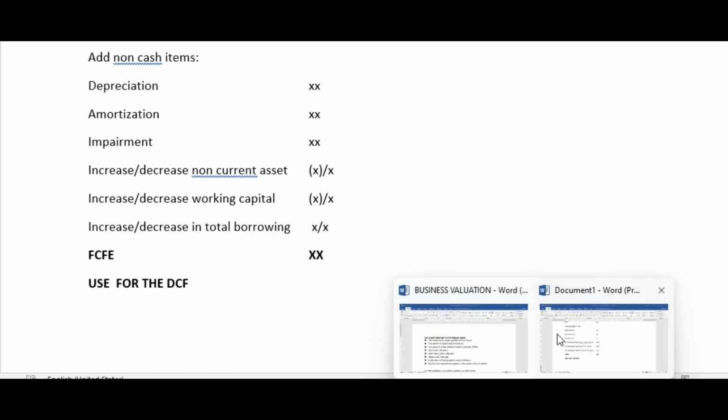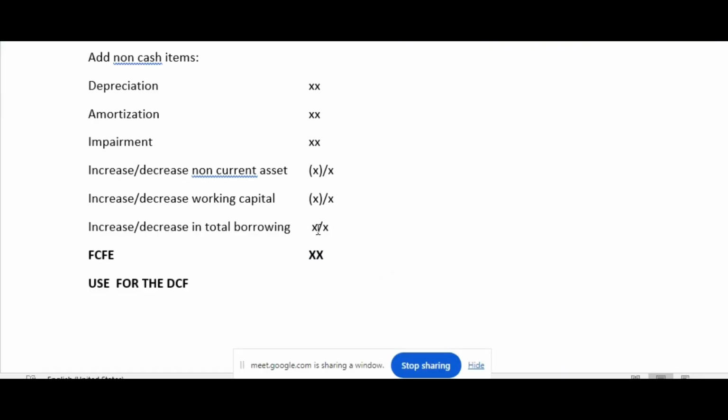So you collect money from Mr. A to add to your business. It is going to increase your cash inflow, right? So a decrease in total borrowing will reduce your cash flow. So when you subtract and add, you have free cash flow to equity.